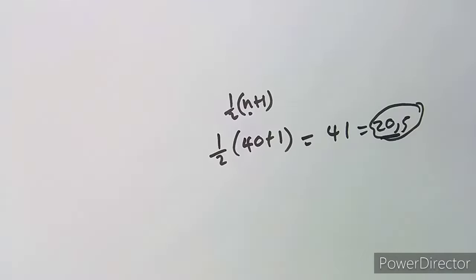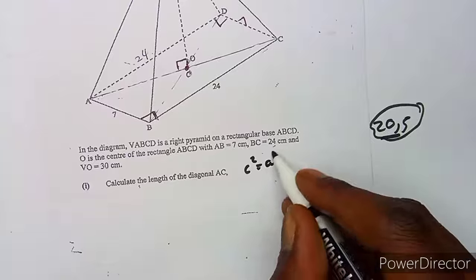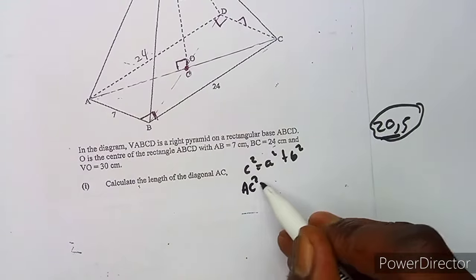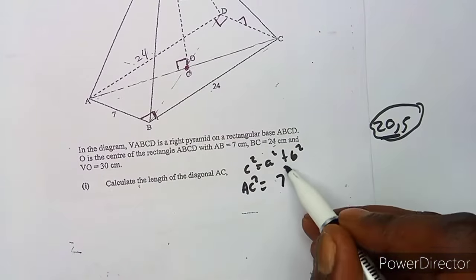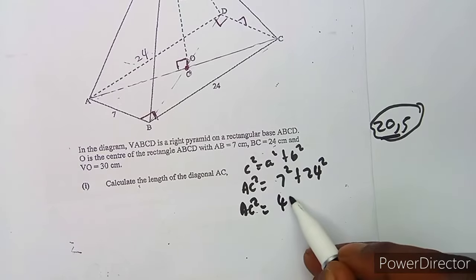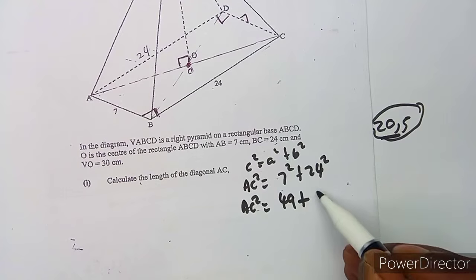Since we know that, okay, I can just even put it here. C squared is equal to A squared plus B squared. So our C squared, that is your hypotenuse, which is AC squared, that's 7 squared and 24 squared. So AC squared is equal to 49 plus 24 squared, which is going to give us 576.